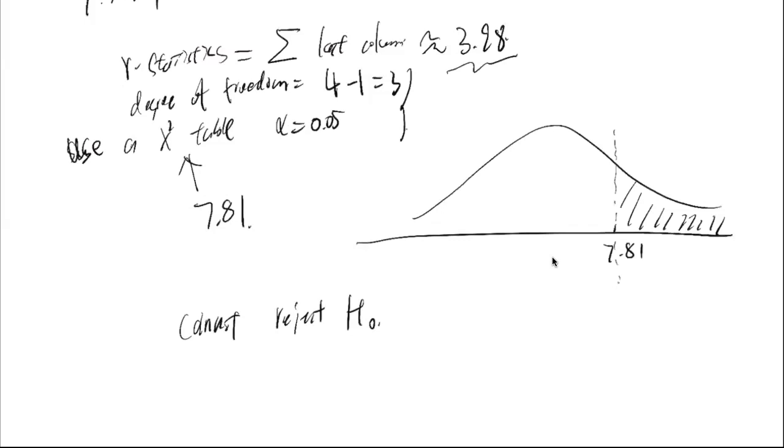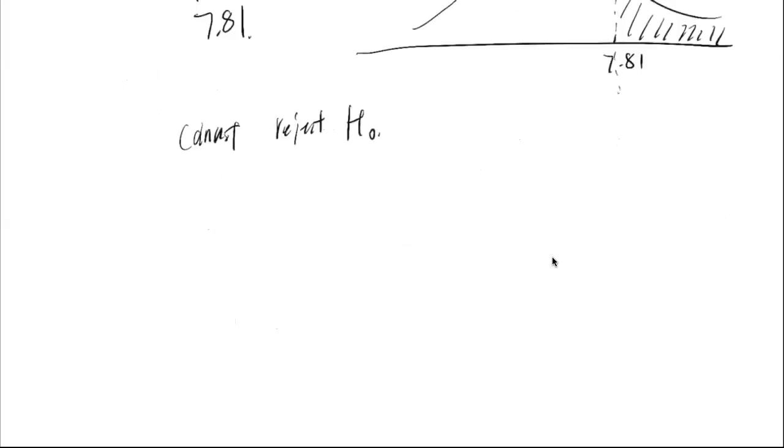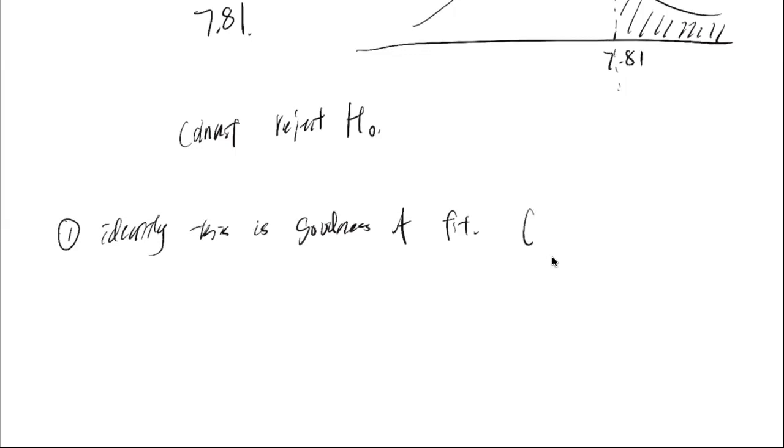So again, let's review how we do the chi-square goodness of fit. First, we need to identify that this is goodness of fit. How to identify? Specifically, we are looking at the distance between observed and expected, how close it is, and we are not testing independence. So remember, not independence.